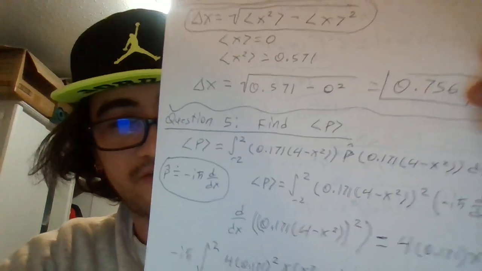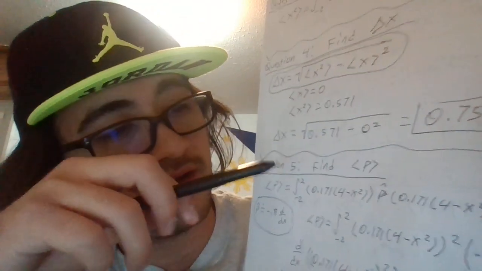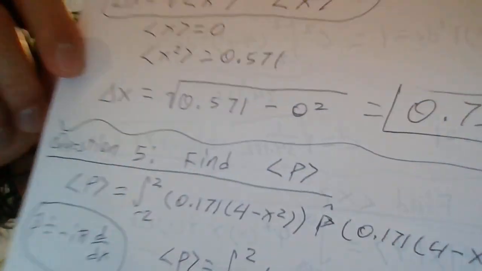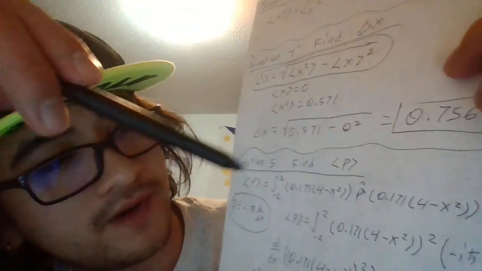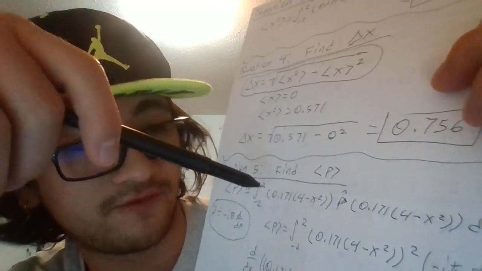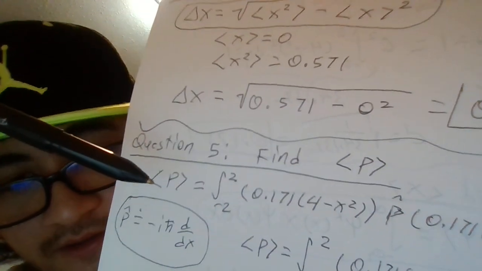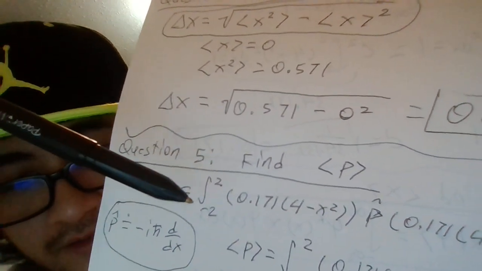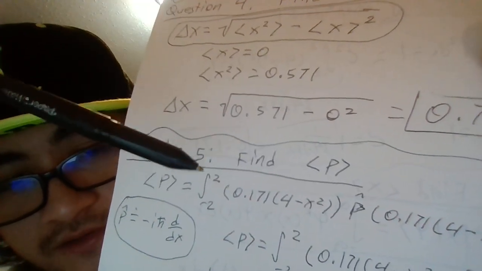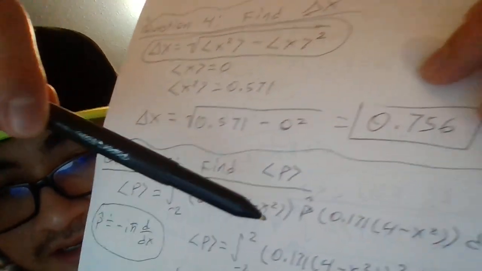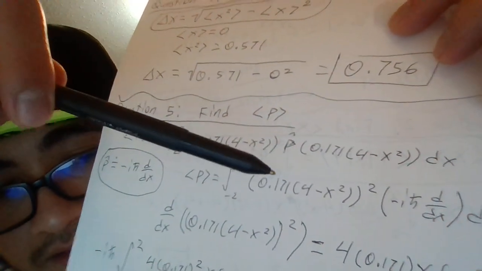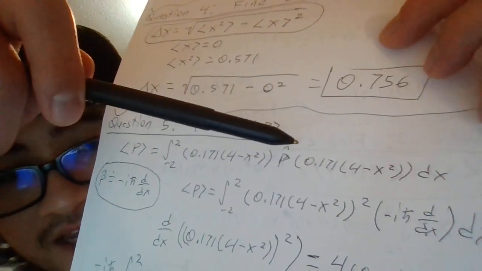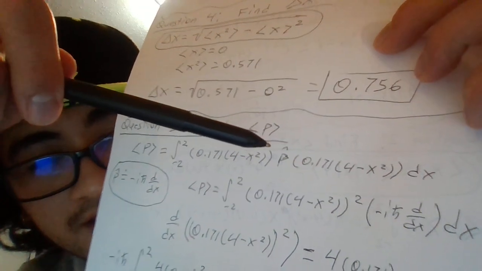Lastly, we have question 5. This is the last question. Find the expectation value of the momentum p. This is the third time, so we're pretty much experts now and know what formula to use. Integral from -2 to 2 of the wave function, with a p in the middle.